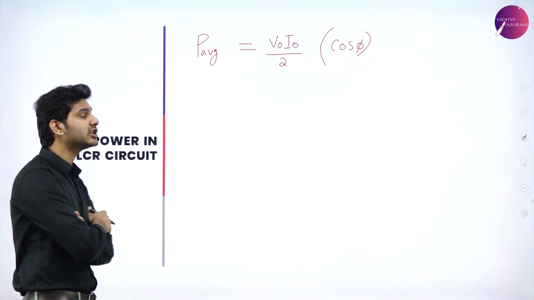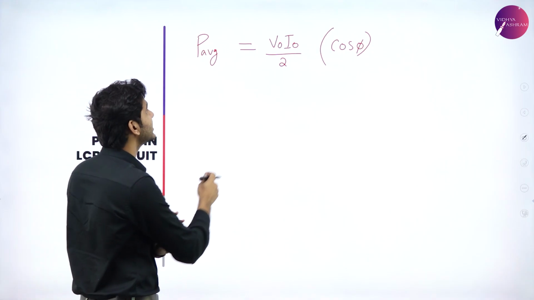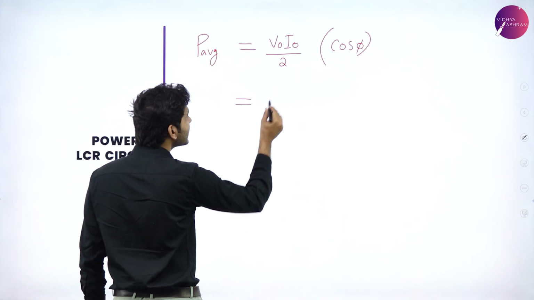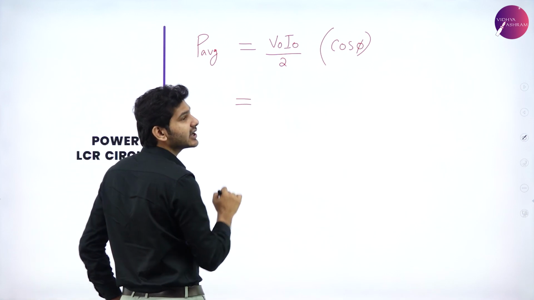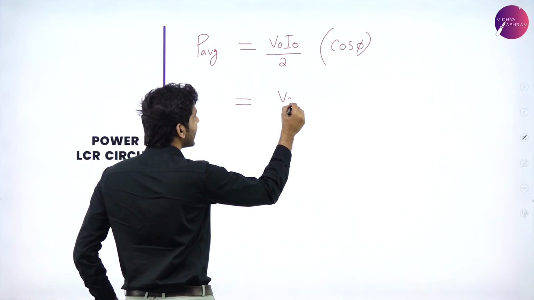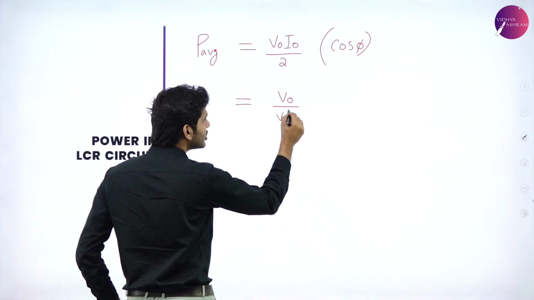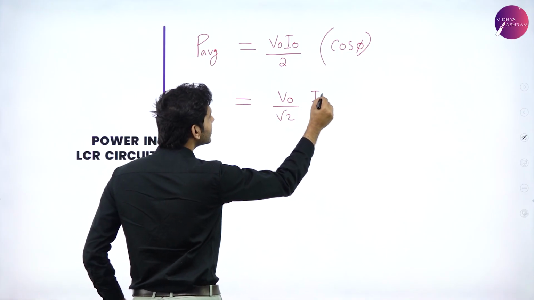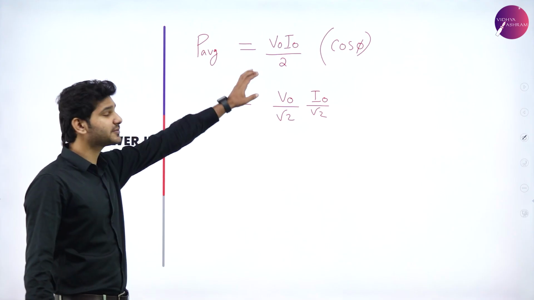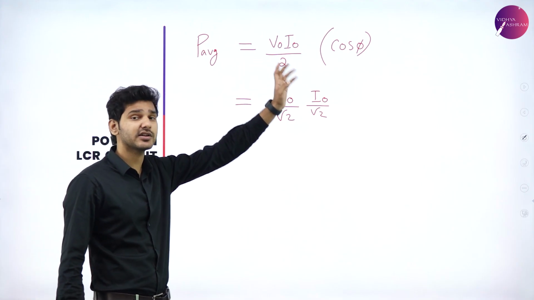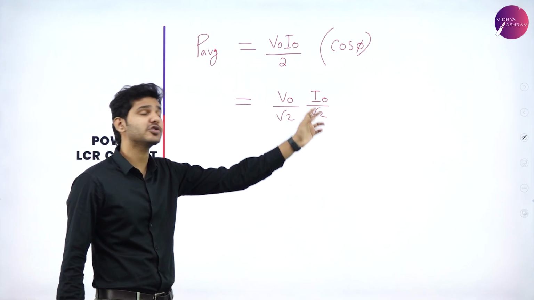Now the only thing we have to do in this particular case is to consider splitting this denominator 2. That is, this particular equation, again I can write it as V naught by root 2 into I naught divided by root 2. If I split this particular equation, the denominator will become V naught by root 2 into I naught by root 2.